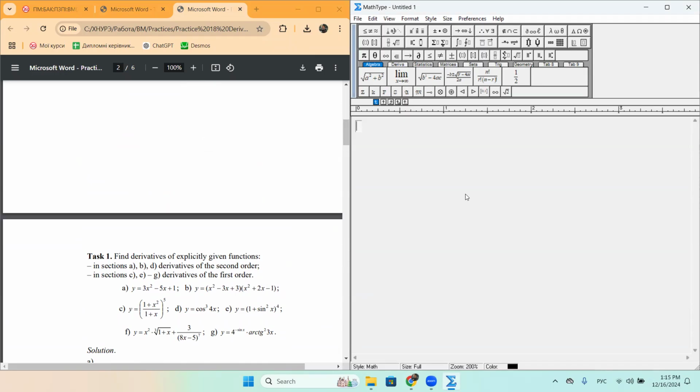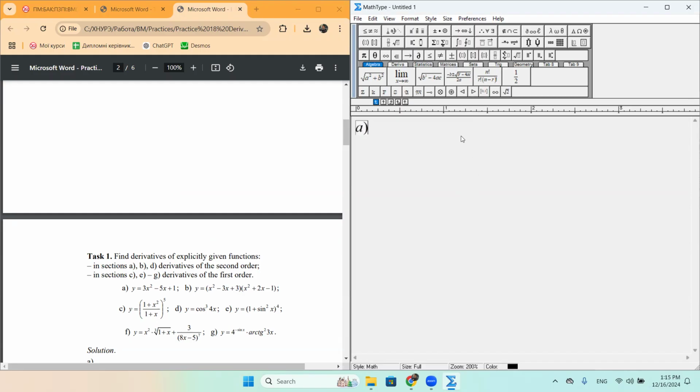So let's start calculating derivatives of functions that are given explicitly. We will use the table of derivatives and some arithmetical properties.